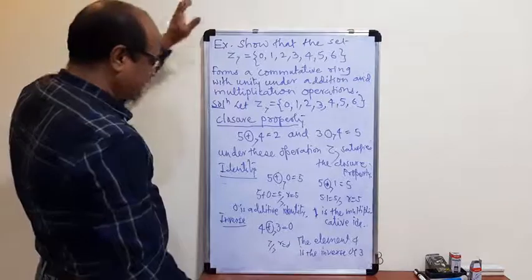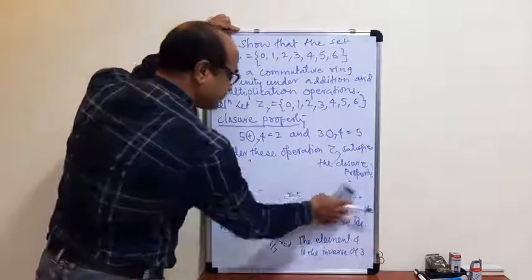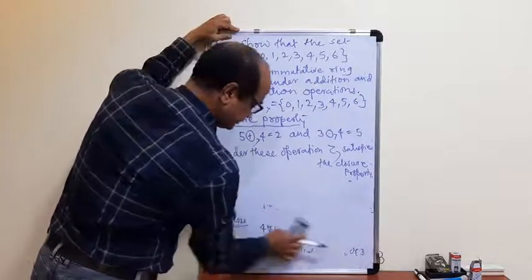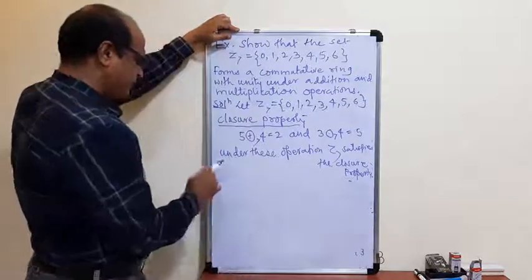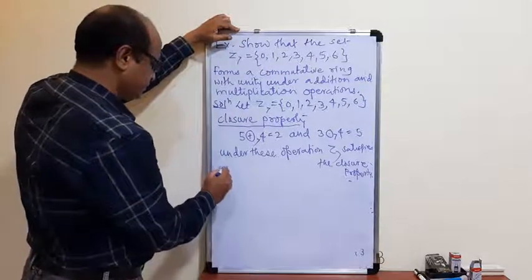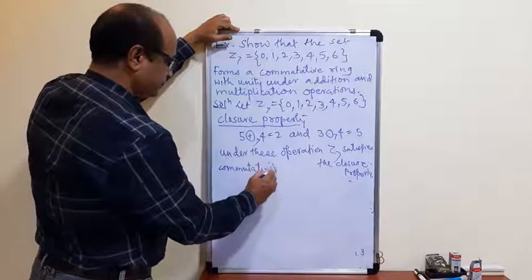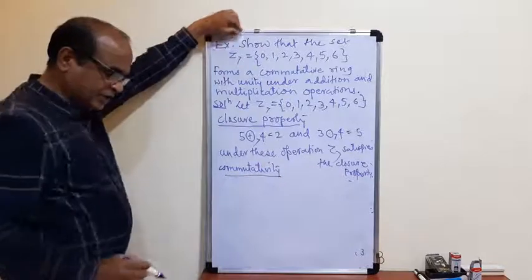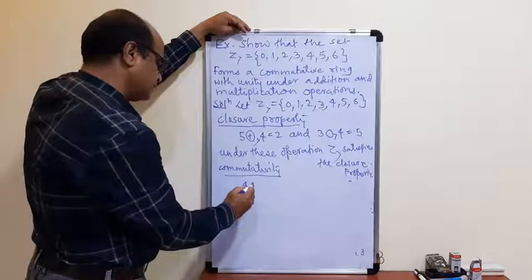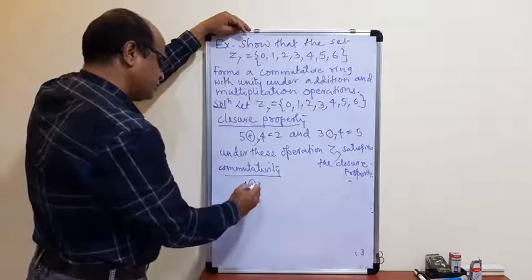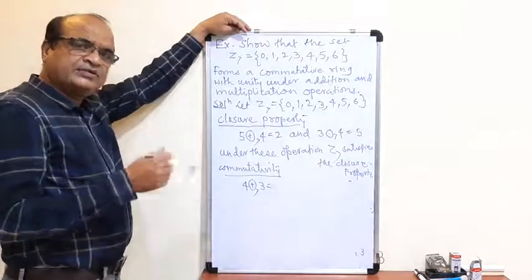Then we also prove the commutative property. What is the commutativity property? 4 addition modulo 7 with 3: 4 plus 3 is 7, 7 divided by 7 is 1, and the remainder is 0.